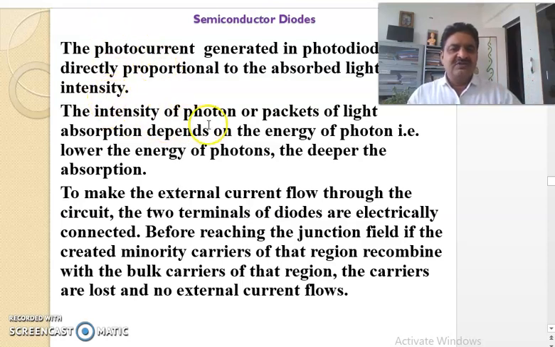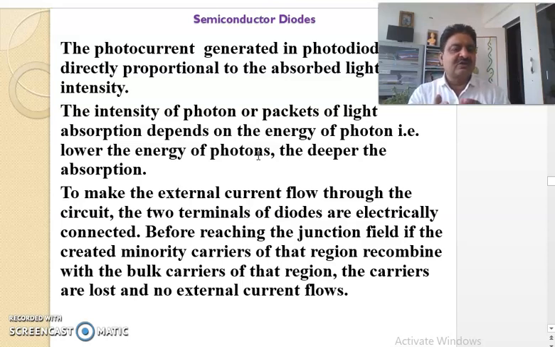Absorption of photons, or packets of light, depends on the energy of the photon. That is, the lower the energy of photons, the deeper the absorption. This point is important: energy of photons is lower, deeper the absorption.